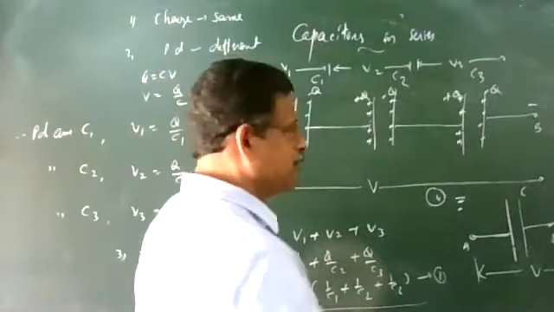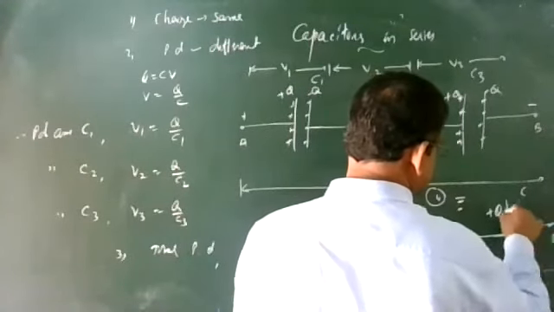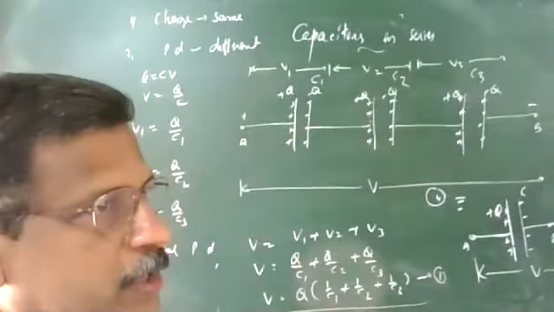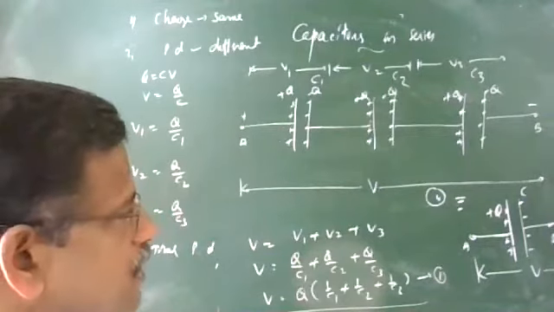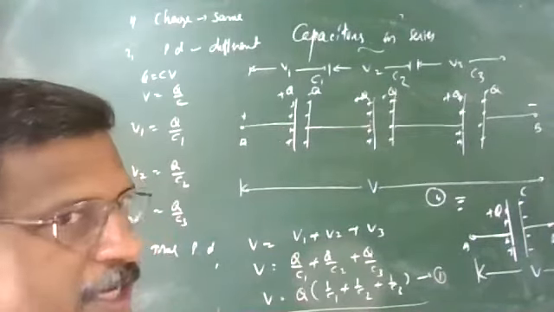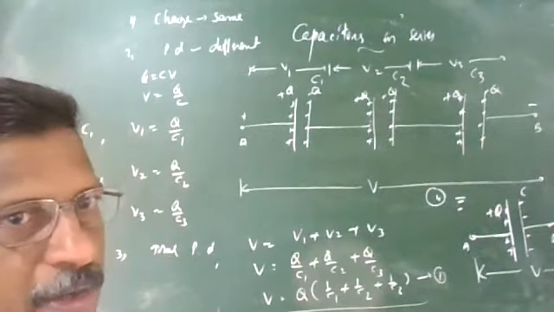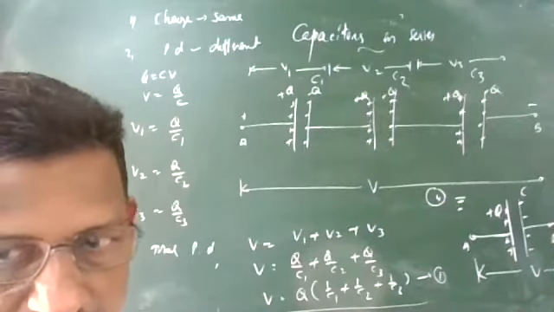Then what will be the charge on this? The charge on this is plus Q or minus Q. So the charge on the capacitor should be Q. This capacitor is called the equivalent capacitor. When it is connected between the same points A and B under the same potential difference V, the charge should be Q on that. That is the charge on each single capacitor in the series connection.